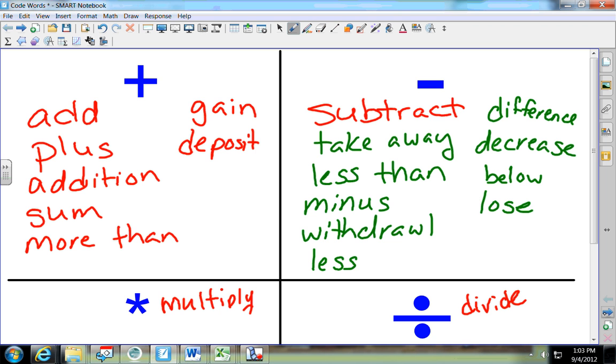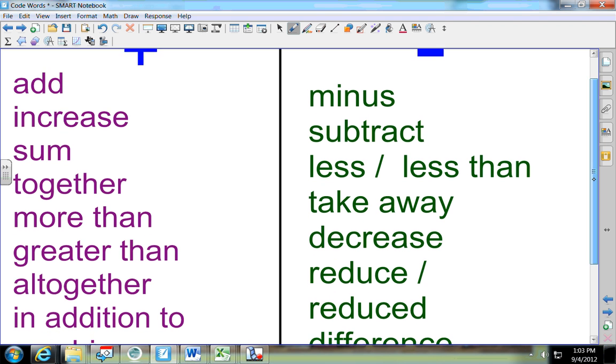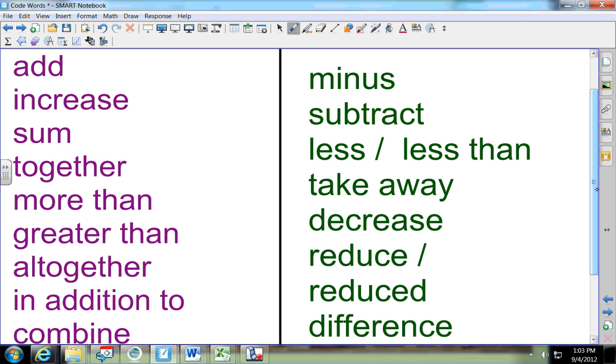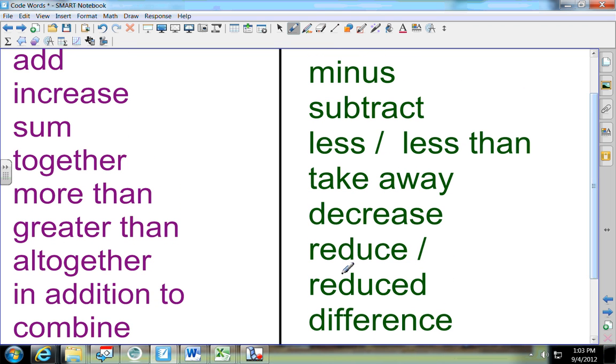Let's look at this one over here. We've got minus. Did we get most of them? Subtract, less and less than, take away, decrease, reduce or reduced, difference. I think we had better ones.